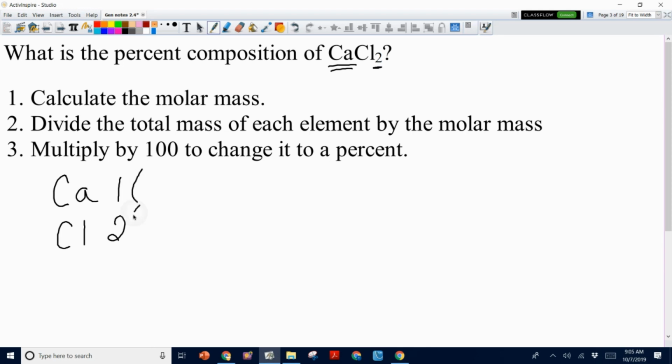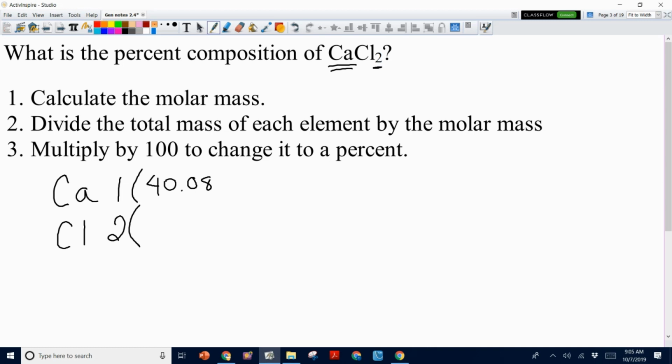So let's use the molar masses from the periodic table that I gave you at the beginning of the year, that you wrote down, that you glued in your book. So calcium is 40.08. If you use other molar masses, that is going to give you a little bit different numbers, so you're going to get different answers.